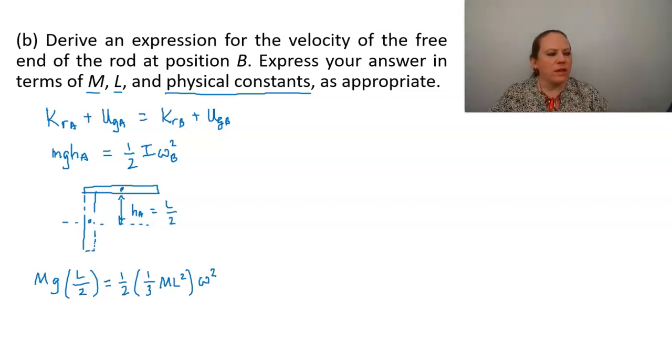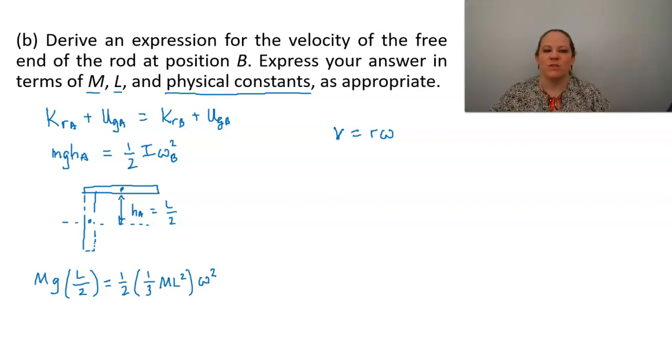So we are going to need to remember that there's a relationship between tangential or linear velocity and angular velocity, because we've got to get that omega canceled out, because we are finding the linear velocity of the free end of the rod, not the angular velocity.